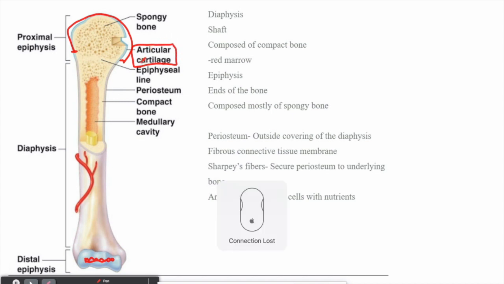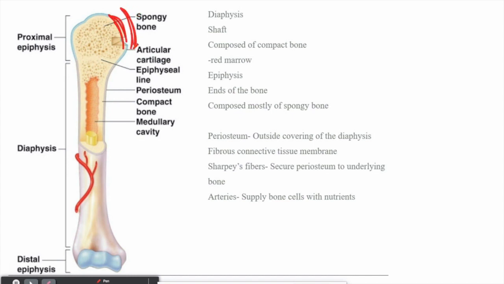It doesn't mean to speak, like in a speech course. Articular cartilage means that this bone is articulating with another bone. In this case, because this is a humerus, this bone is going to be articulating with the scapula. So this section of the bone is going to be touching up against another bone that we call the scapula.